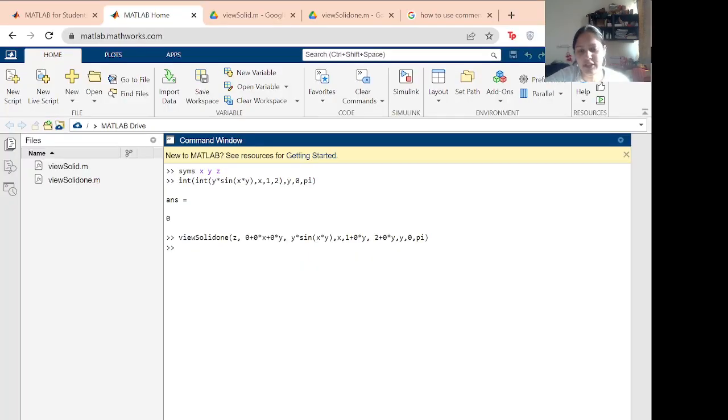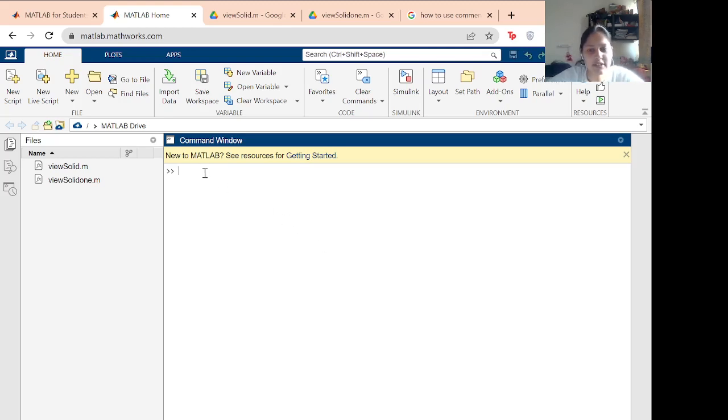So now we come to our next question. We again use CLC to clear our screen. So this is our question. In this, again, R is not given to us, but it is given in the form of a set.